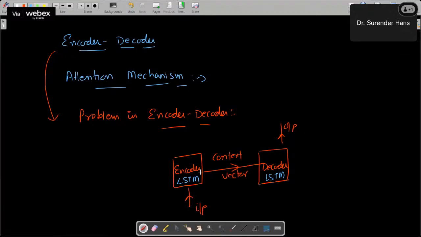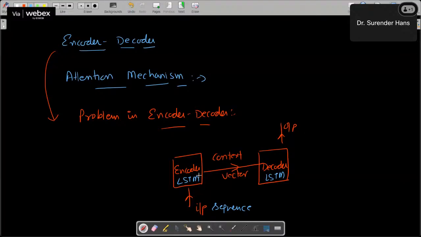The encoder encodes, or summarizes, the input sequence and gives you a compact representation.